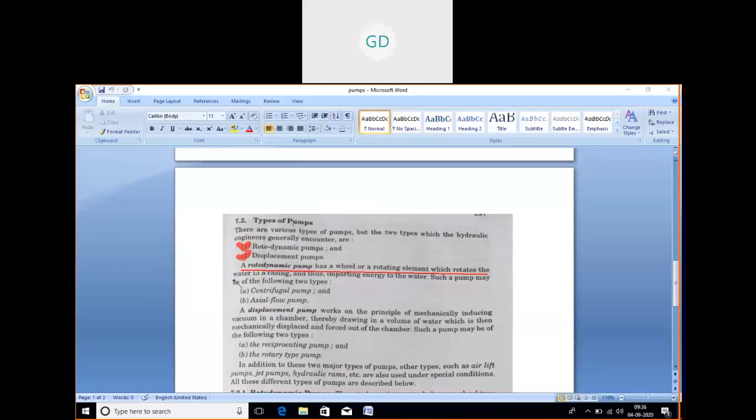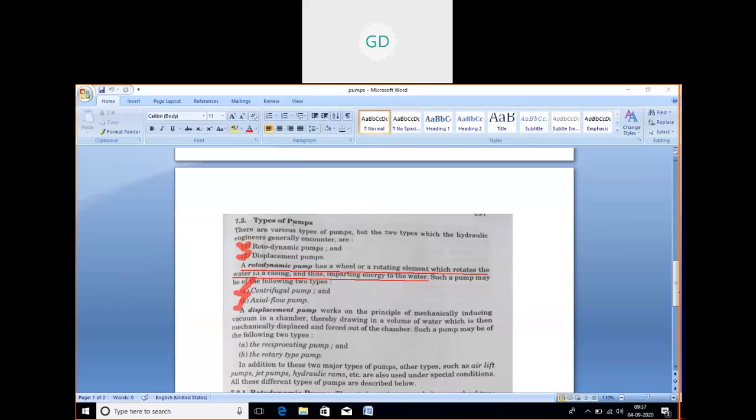So it has a rotating element or a wheel type structure in its casing, and it imparts energy to the water. The types of rotodynamic pumps are centrifugal pump and axial flow pump.